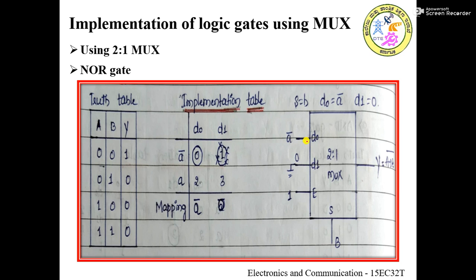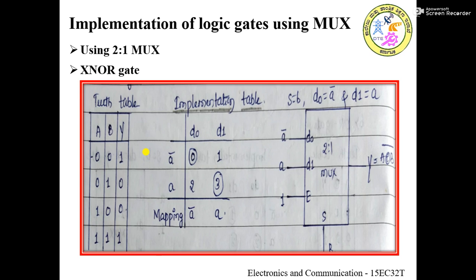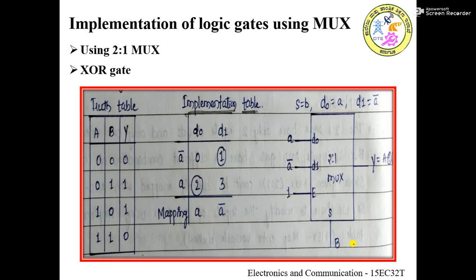So D0 is connected to A bar and D1 is connected to 0. Similarly, the XOR gate and the XNOR gate. Here also, in these two cases, B is connected to the select line and D1 and D0 are modified according to the map entered variable content as per the implementation table.